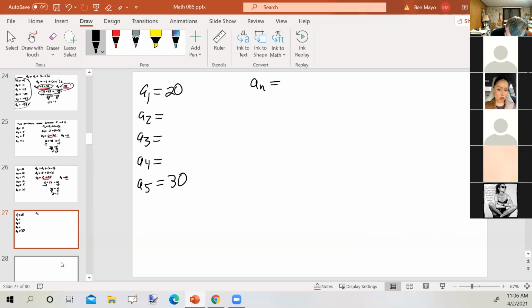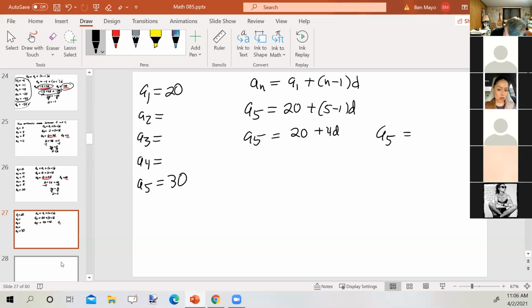a sub n equals a sub 1 plus n minus 1, the quantity times d. So a sub 5 is a sub 1 plus 5 minus 1 times d. Simplifying, we get 20 plus 4d.